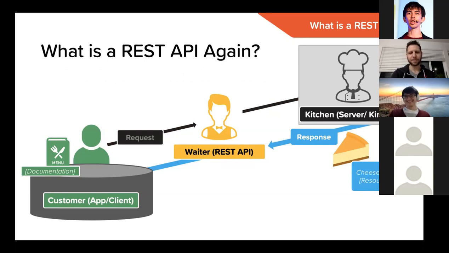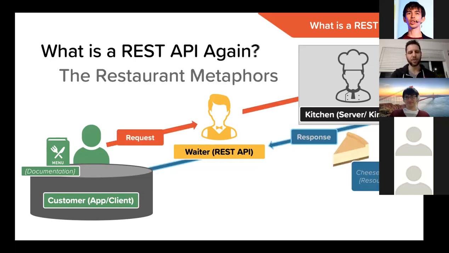This is actually a really illustrative and fairly accurate metaphor for what's going on when I'm making a REST API call. I've got a menu, which is like documentation that tells me how to make a call, and then as a client computer, I am making a request, following these instructions, to this REST API.